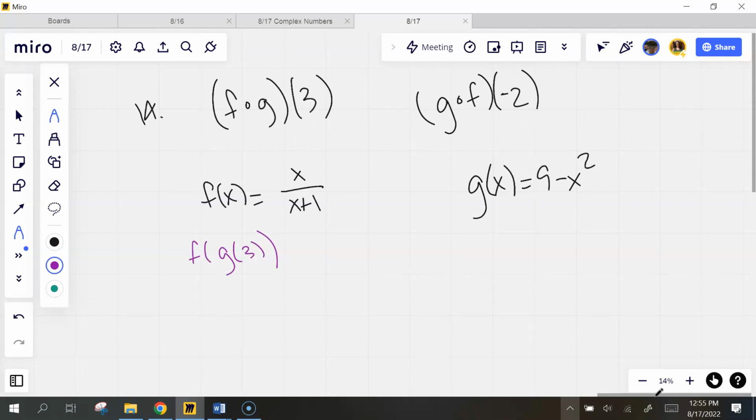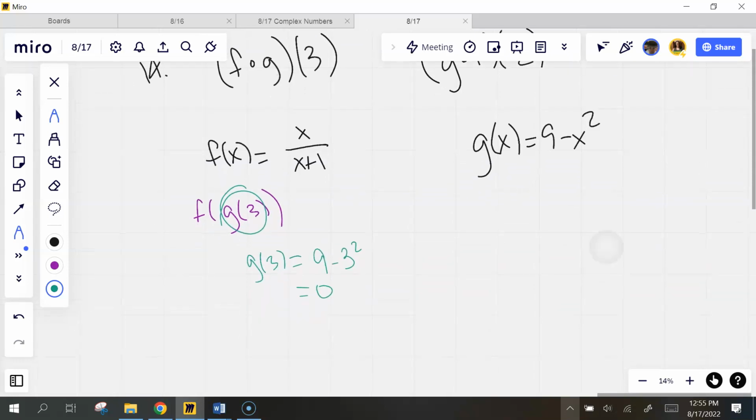So my first question is, what is g of 3? How do I find g of 3? g of 3 is 9 minus 3 squared, right? Which is 0. So I can go, well, wait, that's not g of 3, it's really 0.